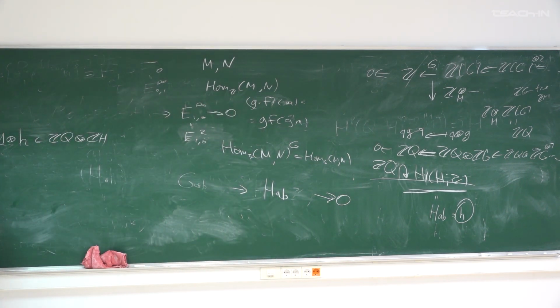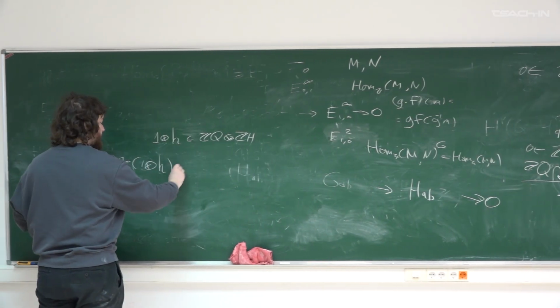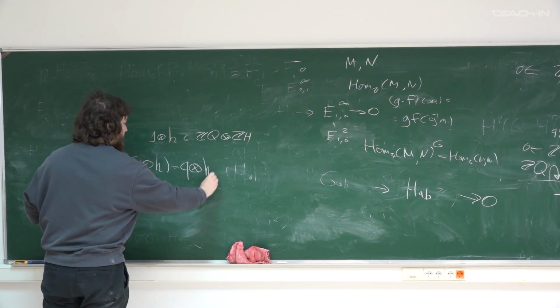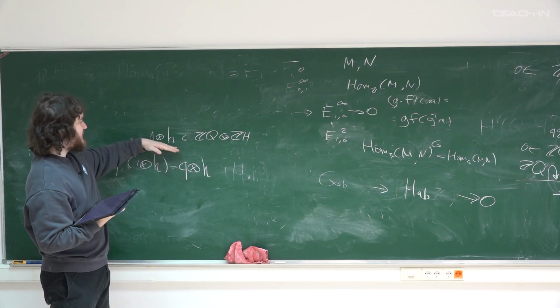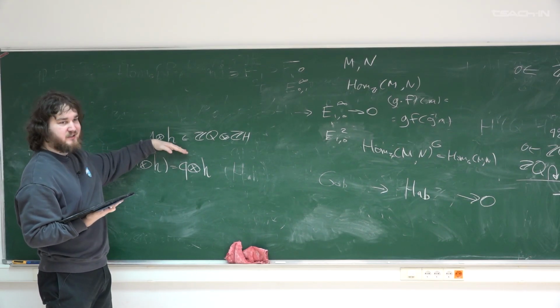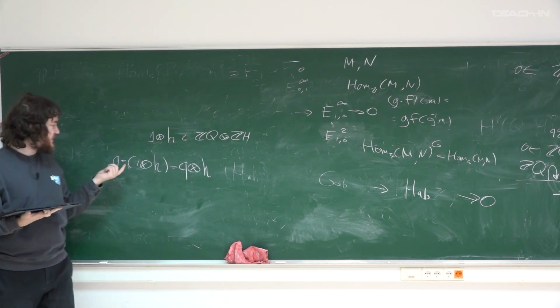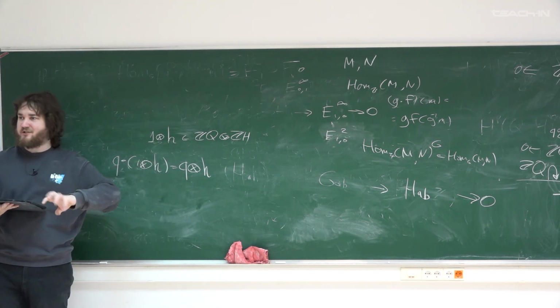So I have a left action, by definition something like this. I need to rewrite this thing in this form, 1 on something, and then I obtain what this action means in terms of H itself.